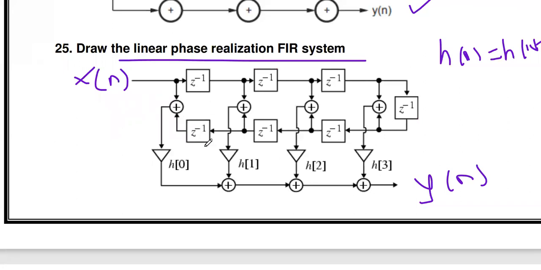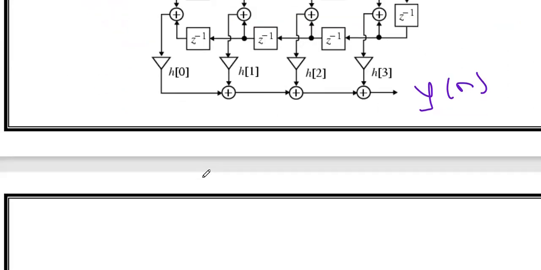At that time the coefficients are combined. The use of this linear phase realization is to reduce the number of multipliers used in the implementation. Okay, so this is the diagram.